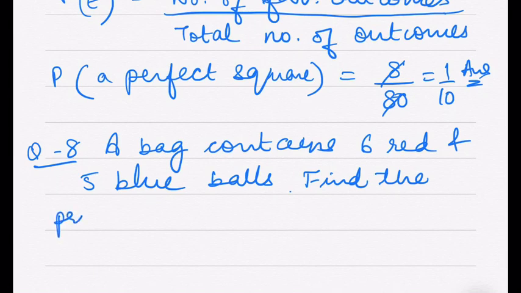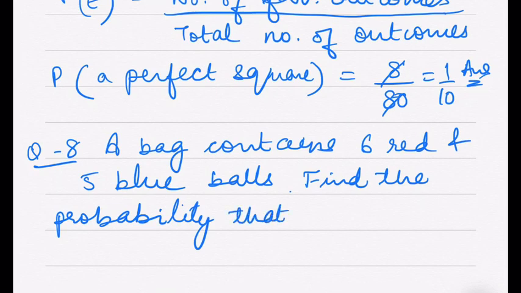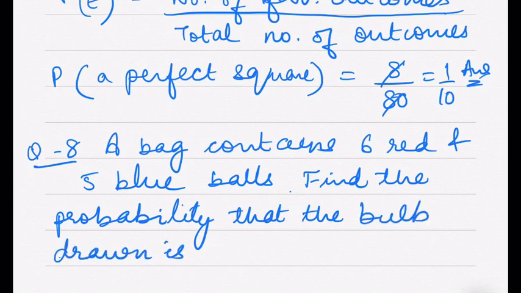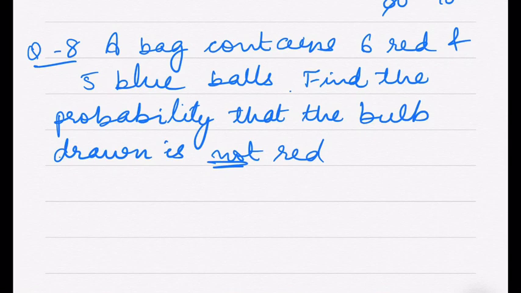Find the probability that the ball drawn is not red. That the ball drawn is not red. This has to be in clear.